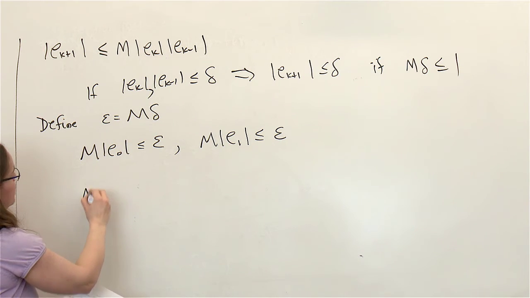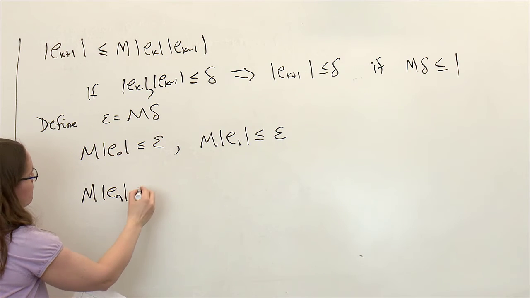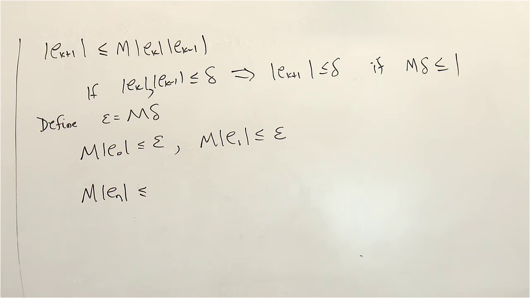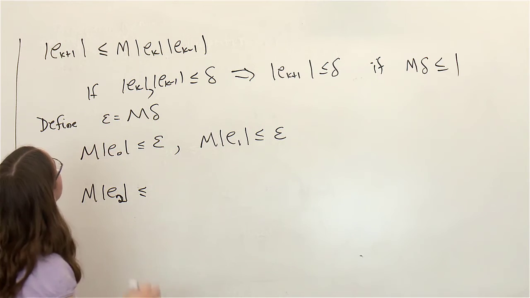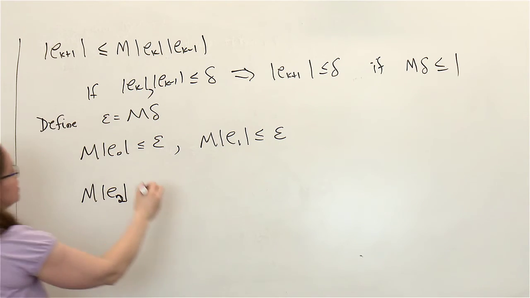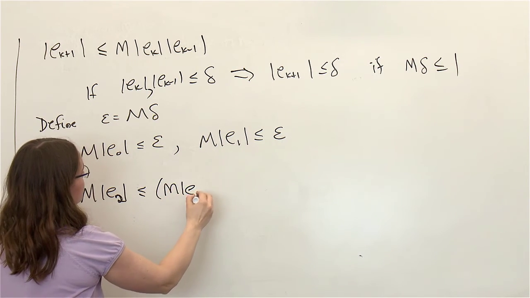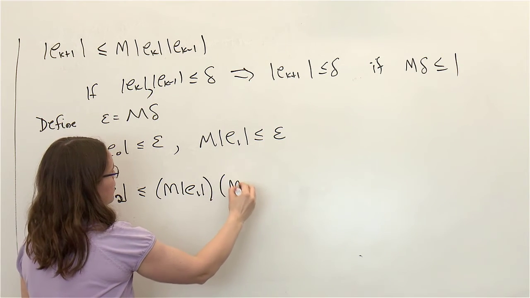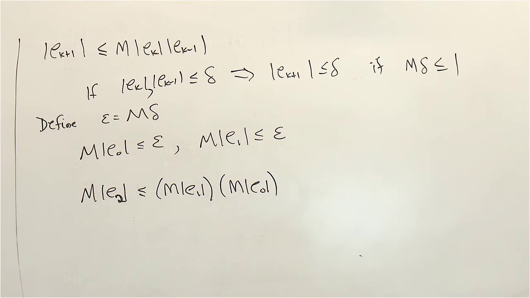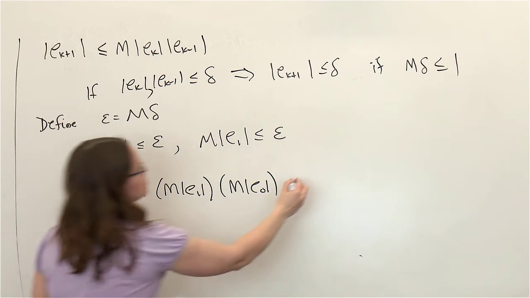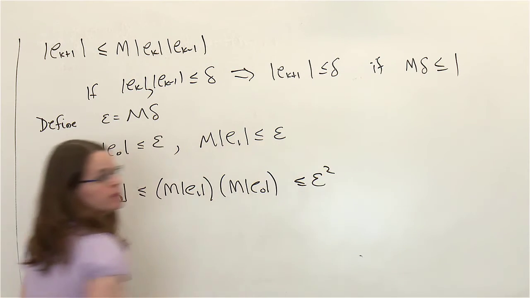And if we keep going, m e2, based on this, is less than or equal to m e1 times m e0, which is less than or equal to epsilon squared.